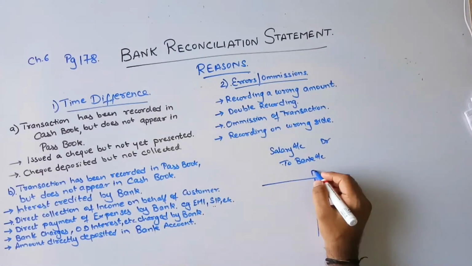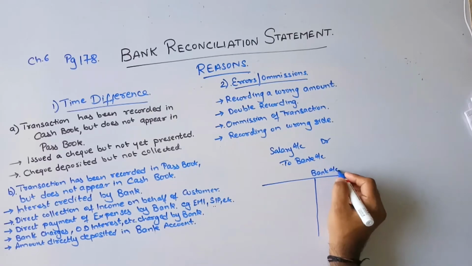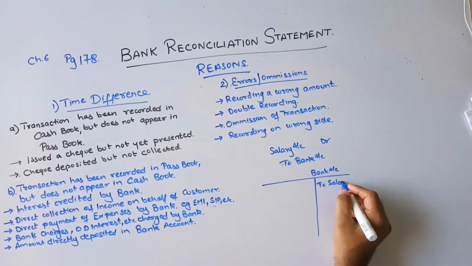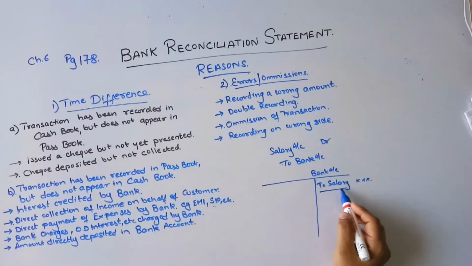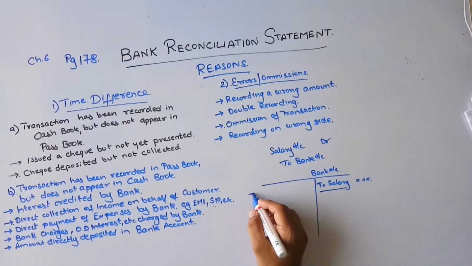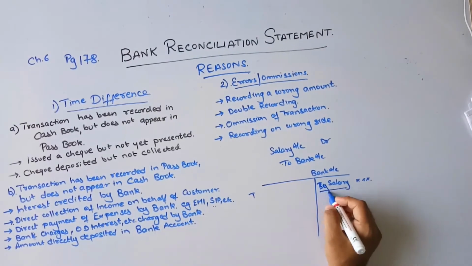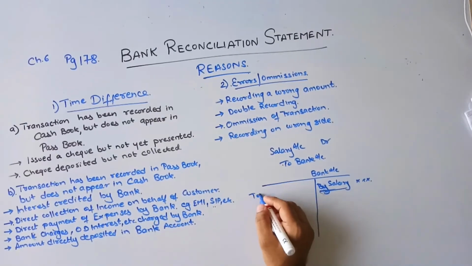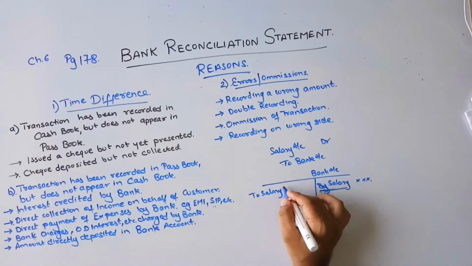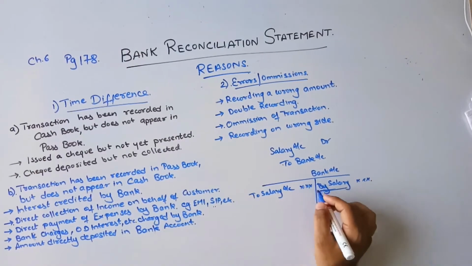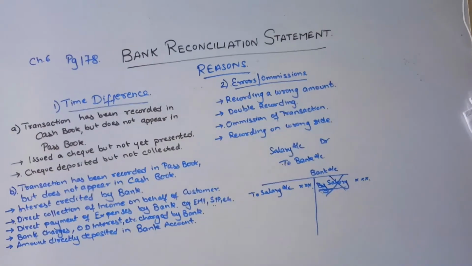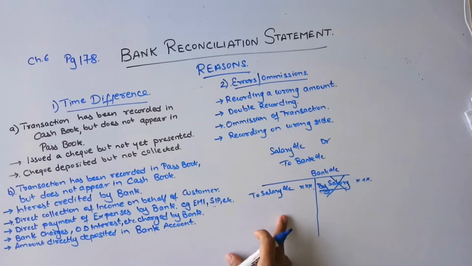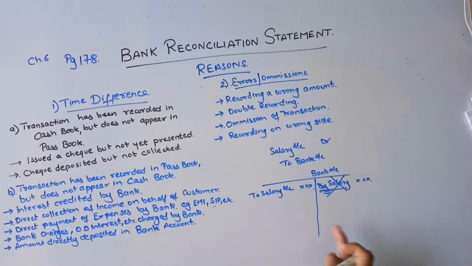In the bank account, I will write here 'to salary', whatever is the amount. What I have done is, instead of writing 'by salary account' over here, I have mistakenly written 'to salary account'. I have written this on the wrong side. Instead of credit, I have recorded it on the debit side. So this is a recording on the wrong side.